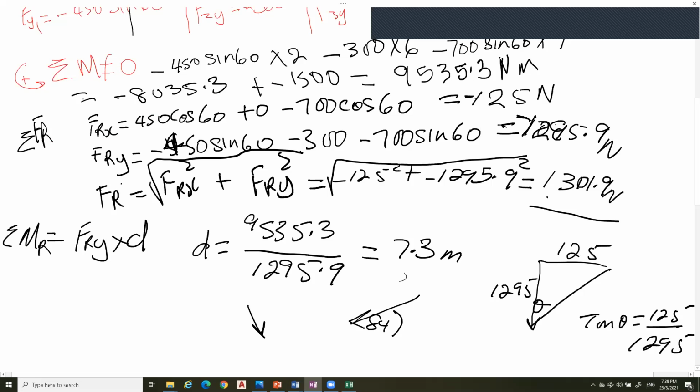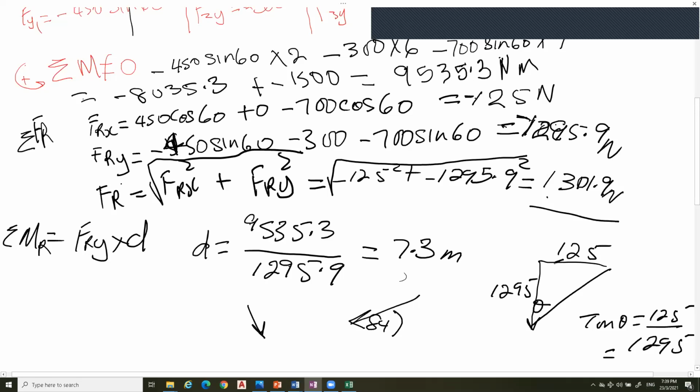This is what you got? That's what you did? No. What was the value that it's supposed to be? 9.59. That's not what you got. One was minus and they were both negative.